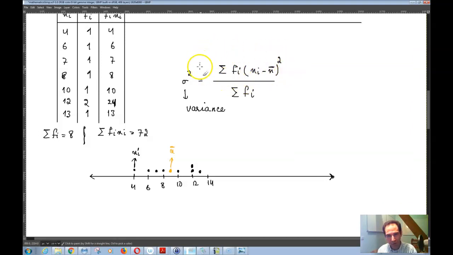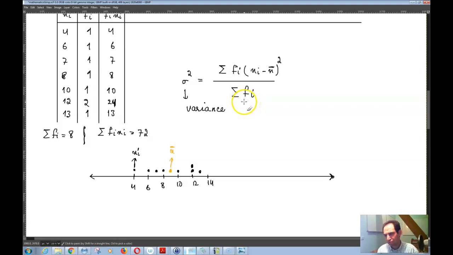Once you've taken care of all of your observations, you divide the whole thing by sigma f of i, meaning divided by the number of observations that you had. And this is, well, I don't know what to call it. It's a weird thing, really.